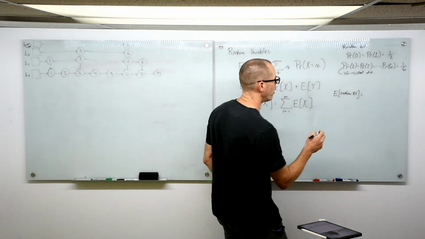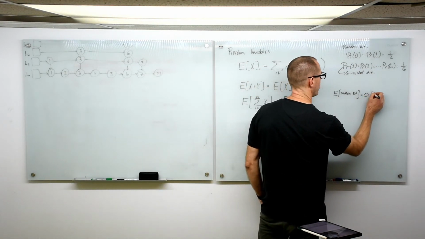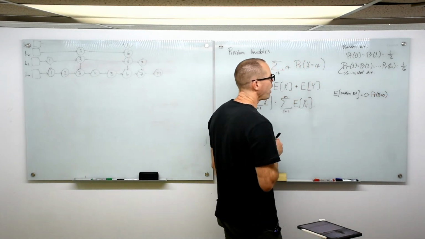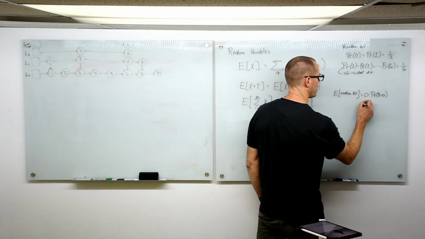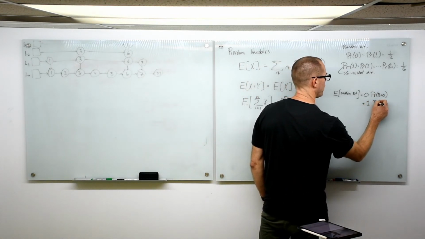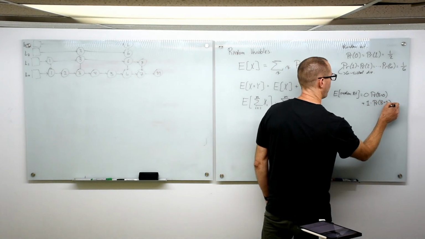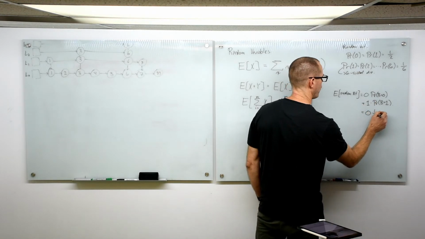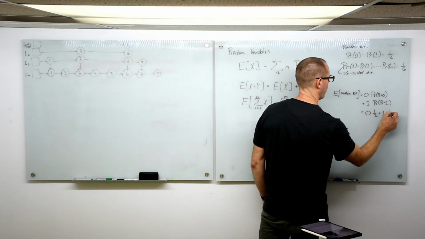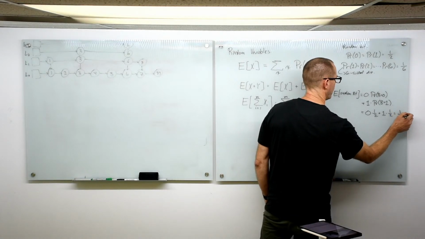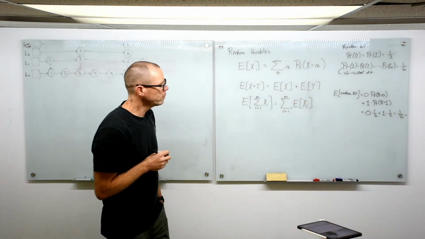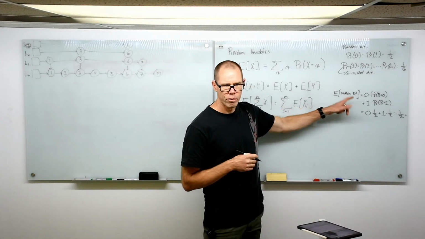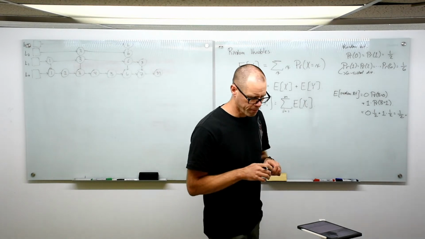So we have to take 0 times the probability that the bit equals 0, plus 1 times the probability that the bit equals 1. And this is 0 times 1/2 plus 1 times 1/2, which is just 1/2. So the expected value of a random bit is 1/2. That's just according to this definition.